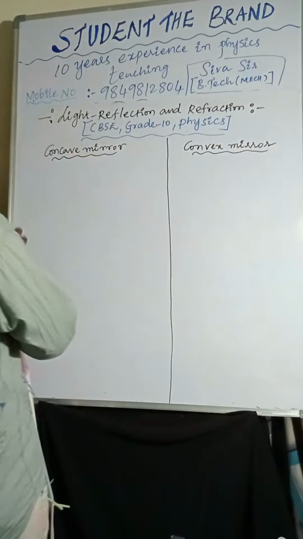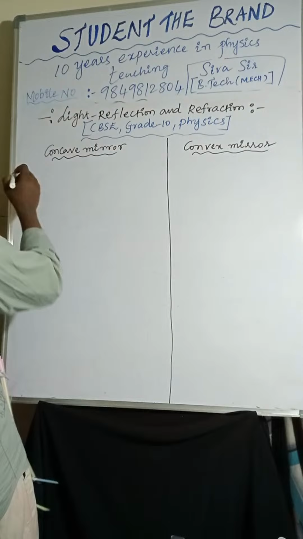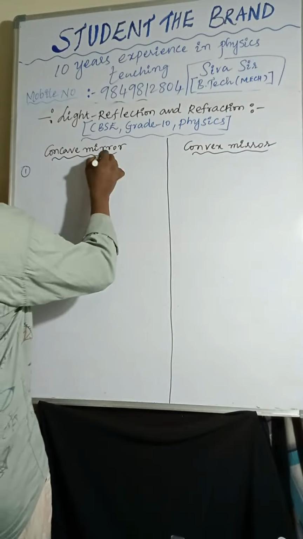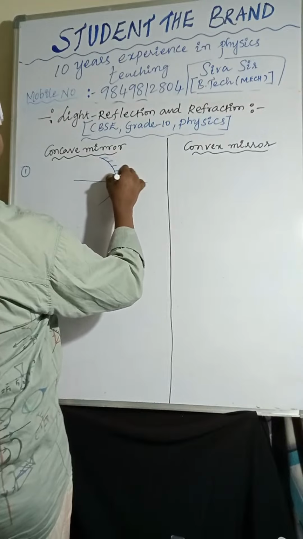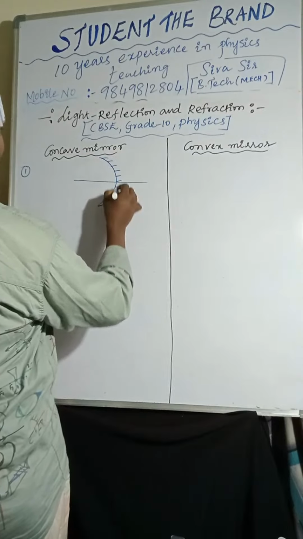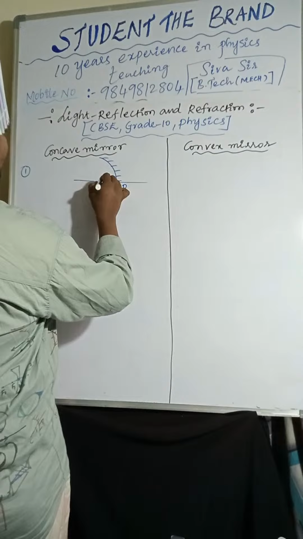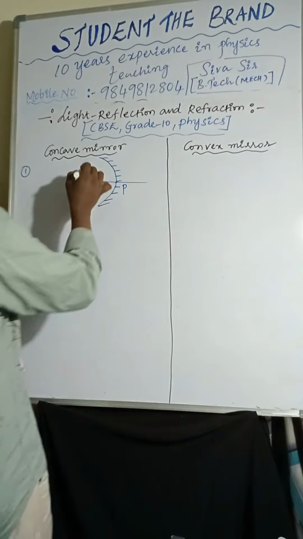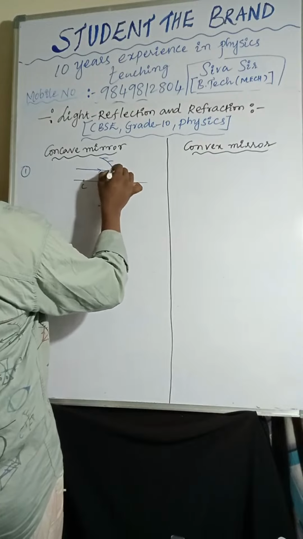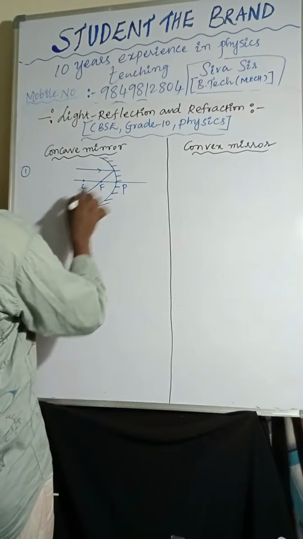So first one: pole, focus, center of curvature. Light rays coming from infinity, after reflection, pass through the focus.